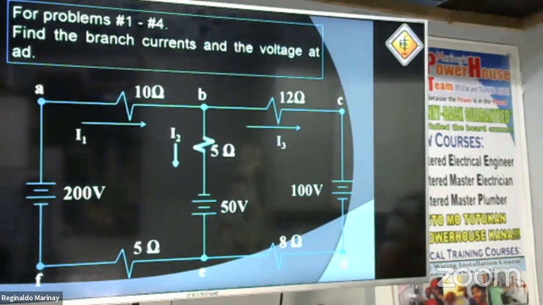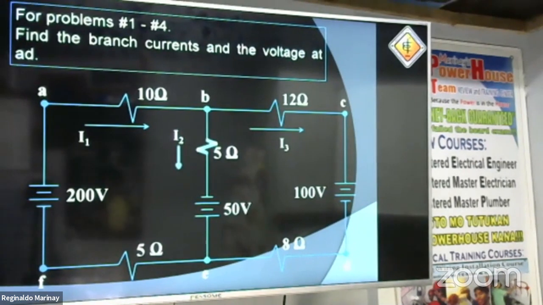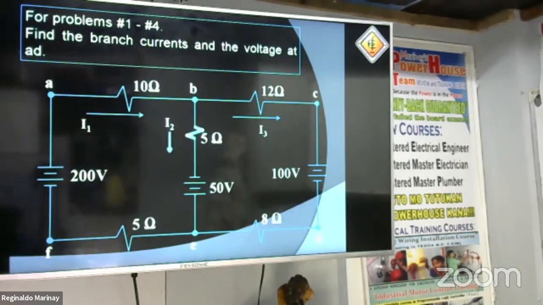Okay. So there is already an assumed direction of the current in our circuit. We have our I sub 1 going to the right, I sub 1, then I sub 3, that's going to the right also.